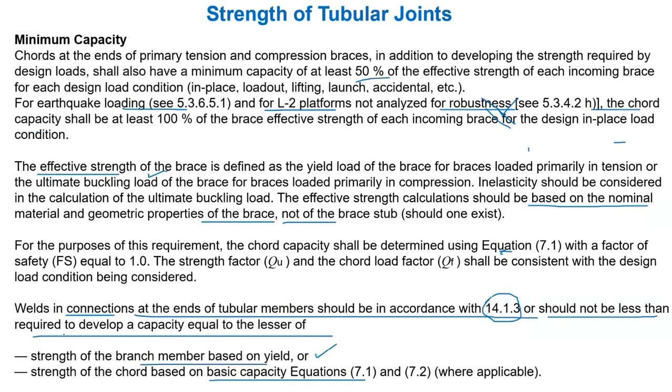It means that when we are checking, the weld should pass. We should not put in a lower grade weld, so that the weld becomes a problem. Okay, so the weld also should have sufficient capacity, more than the strength of the brace members. It should develop that, right? It should not be less than these two, so that the weld can pass the load to the joint. Okay.